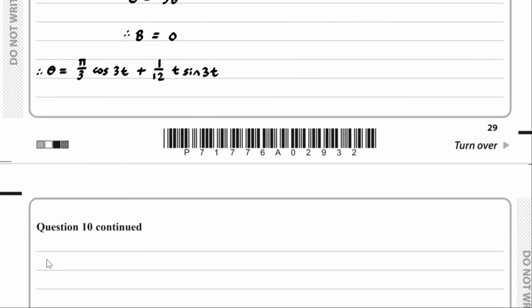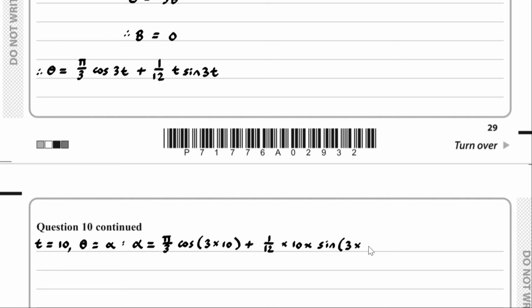Now I know that when t equals 10, theta is equal to alpha. And I need to find out what alpha is. And so in this case, alpha equals pi over 3 times the cosine of 3 times 10 plus 1/12 times 10 times the sine of 3 times 10.